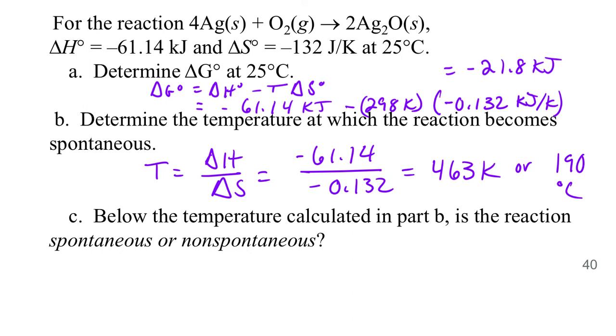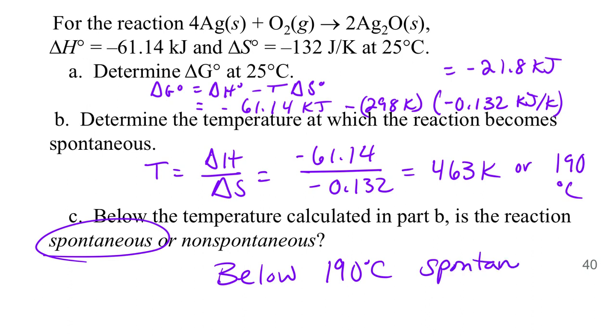I immediately went, oh, above that temperature it should be spontaneous, but that's incorrect, right? We have negative sign for delta H and delta S. So below that temperature, we're gonna have spontaneous reactions. So below 190 degrees C, we have a spontaneous reaction.